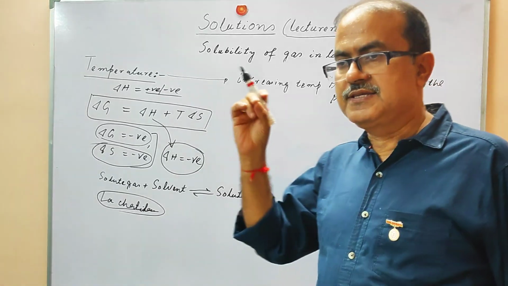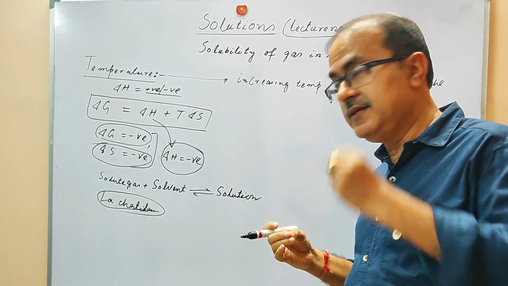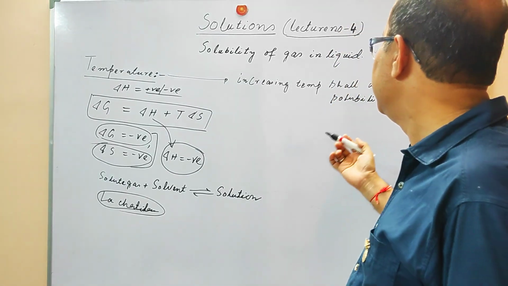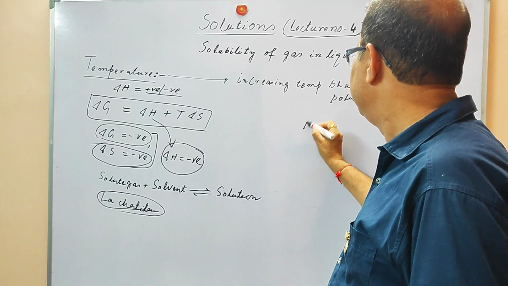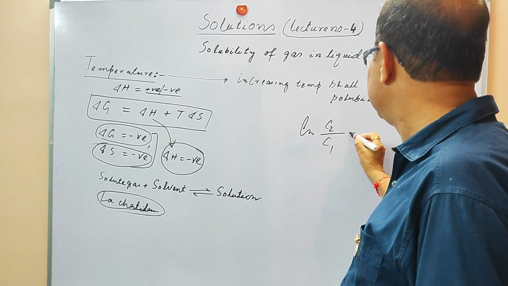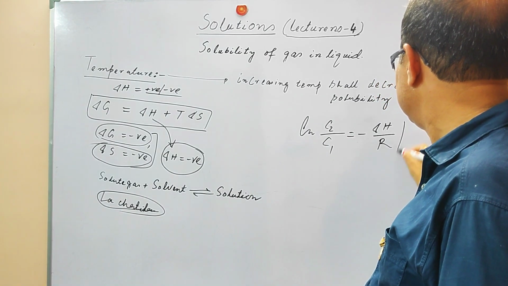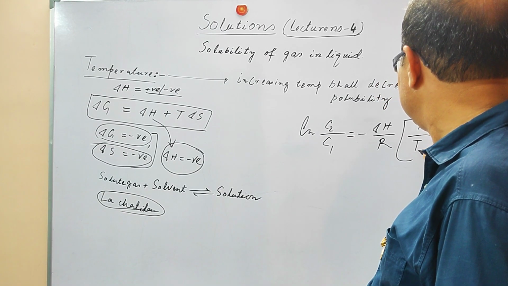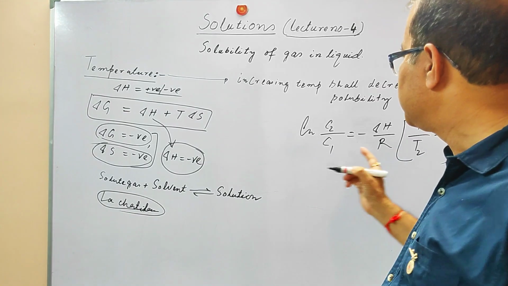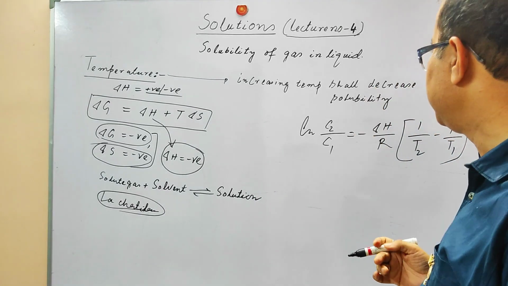Further, we can assess how much quantity of gas has been dissolved in the solution. That can also be understood by this equation. This equation is like the Van 't Hoff equation that we have already discussed in the equilibrium chapter.